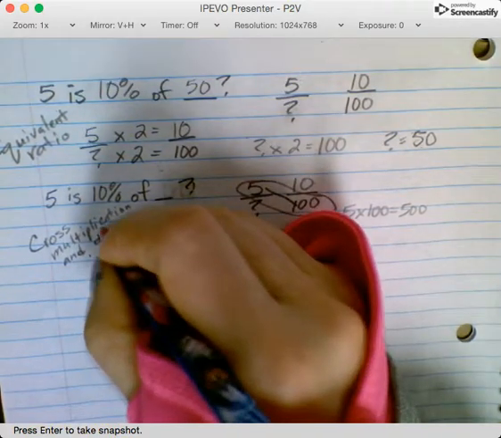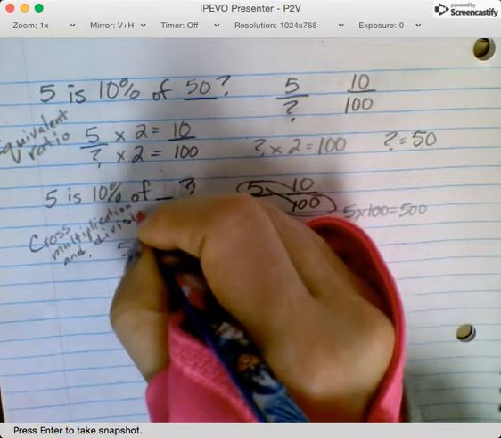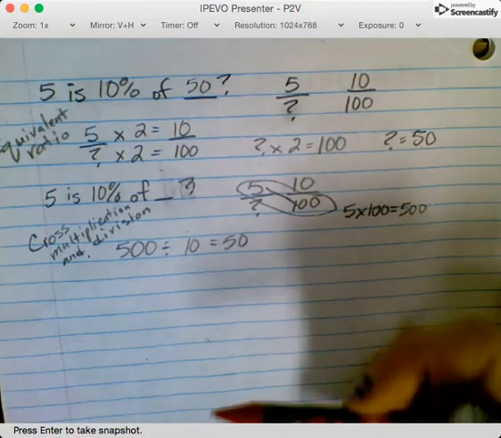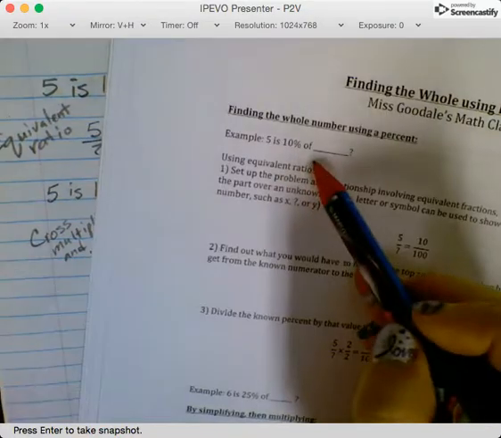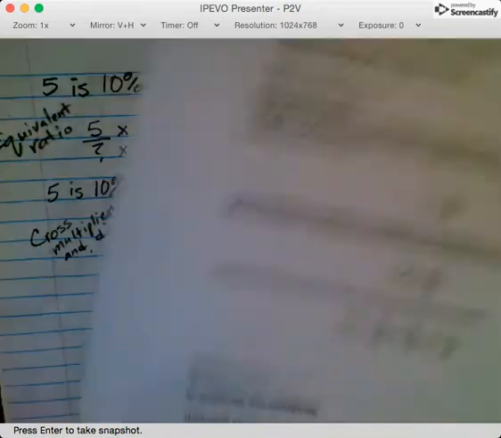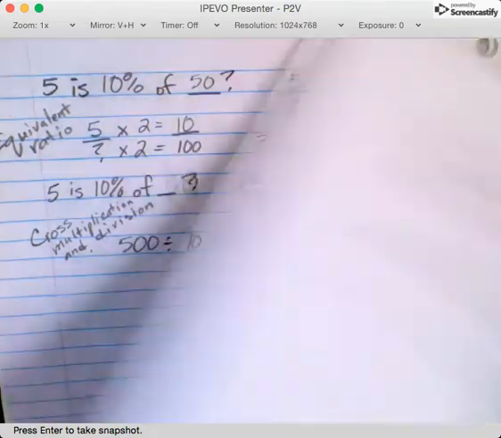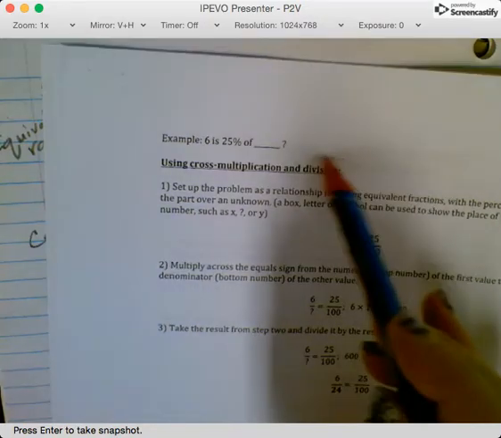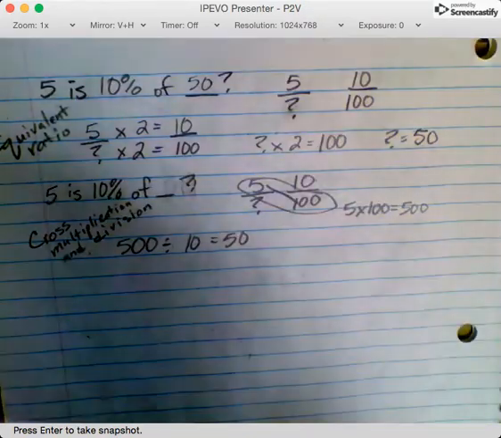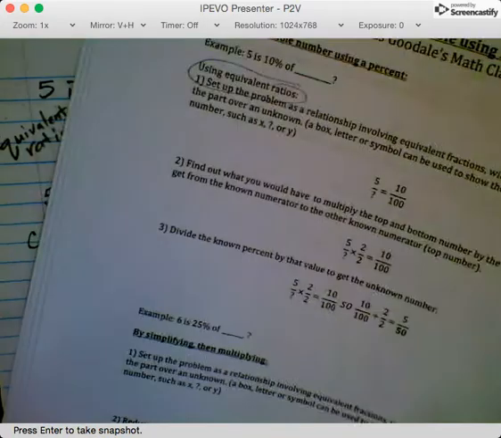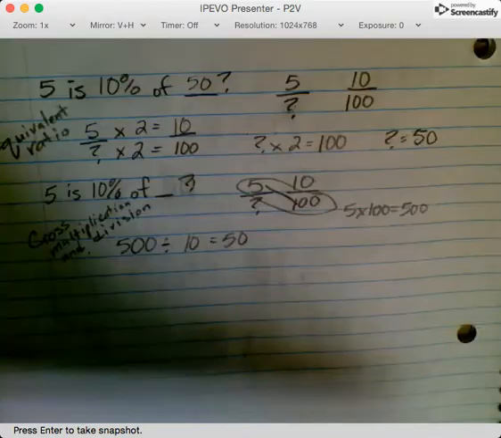Okay, those are 2 ways. The third way, and if you look at your notes, equivalent ratios is the first one listed on your notes, and cross multiplication is actually on the back of your notes, so it's the last one listed. The third one is by simplifying and multiplying.